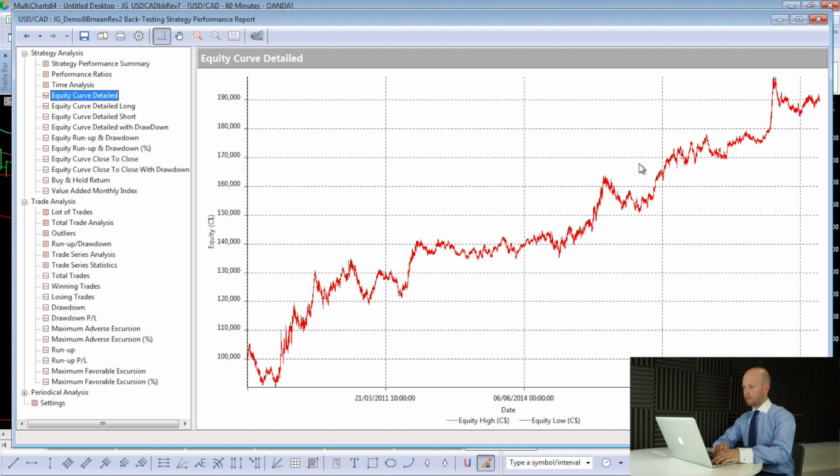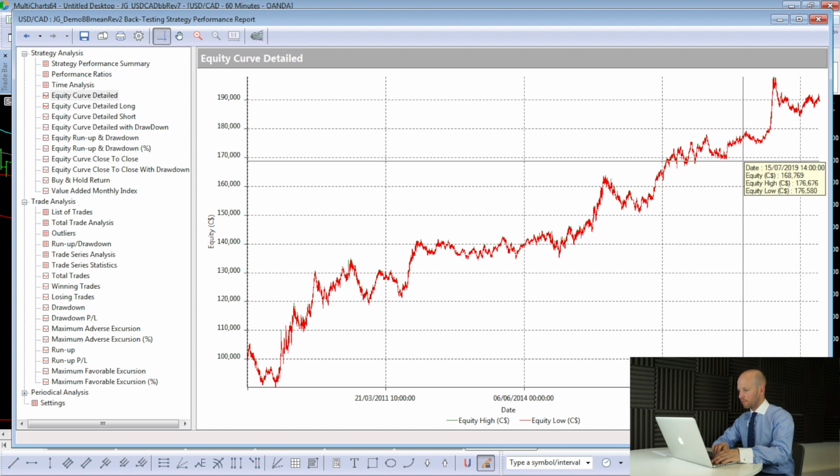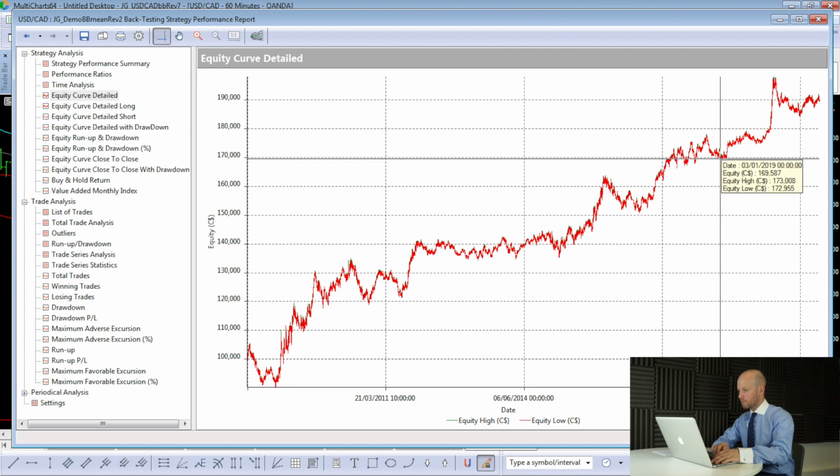Looking at the equity curve then, we can see that we are making new highs, which is good. If I hover just with the mouse at this point here, we've got the start of January 2019. So this point here was from where our old data stopped.